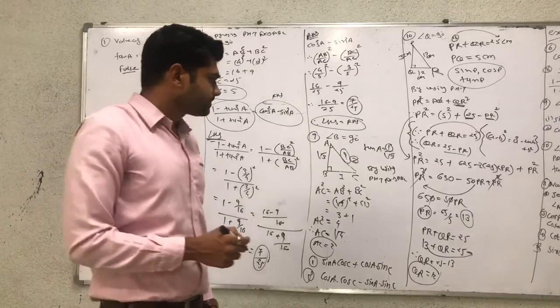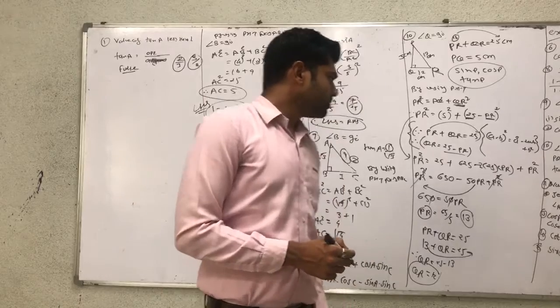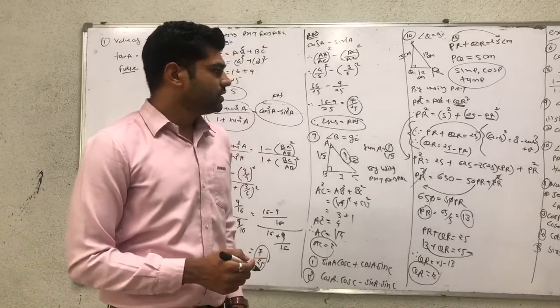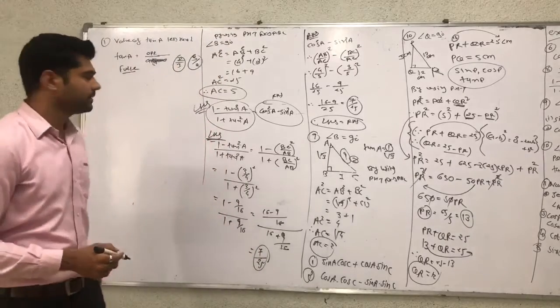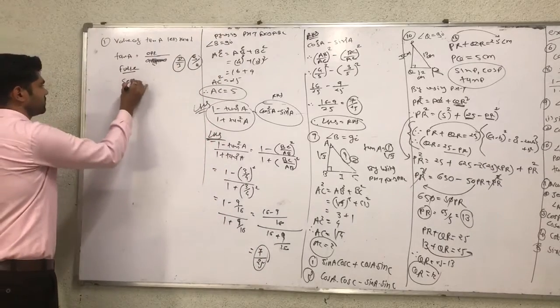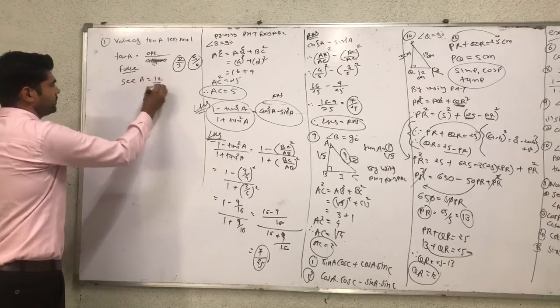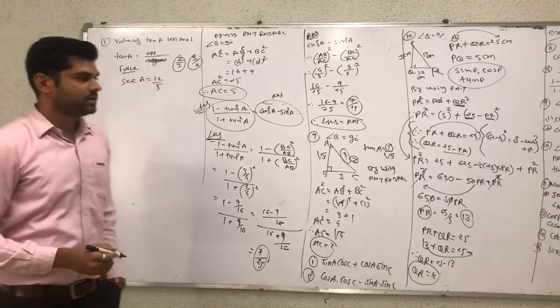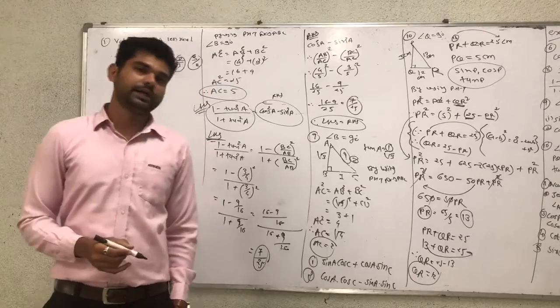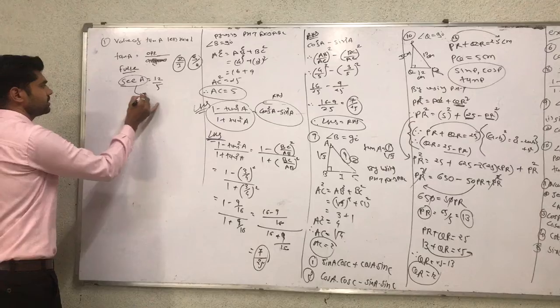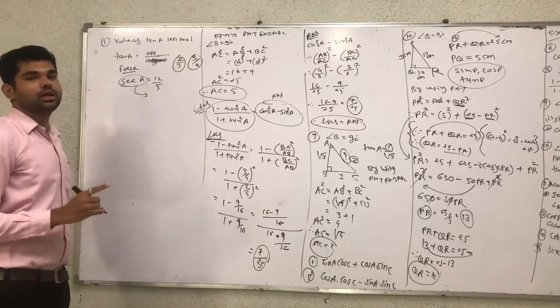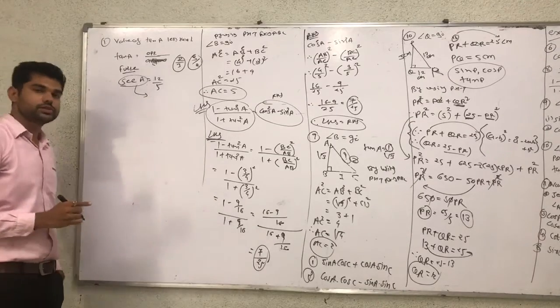Second statement: sec A is equal to 12 by 5 for some value of angle A. First we know the equation of sec. Sec means reciprocal of cos.